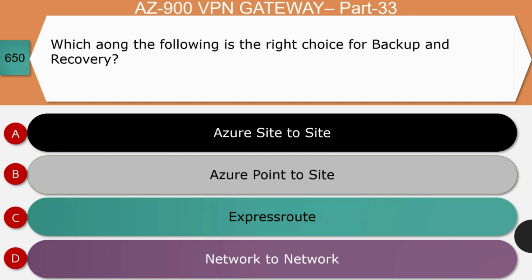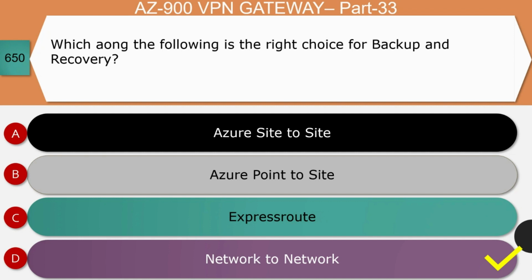Next question: which among the following is a right choice for backup and recovery? Is it Azure site to site, Azure point to site, Express Route, or network to network? The right answer for this question is network to network. That is usually followed. However, you can use Express Route also. Site to site VPN can be used to create a secured connection between the organization's on-premises infrastructure and a cloud-based backup and recovery.